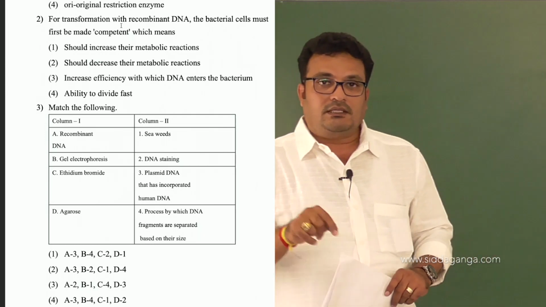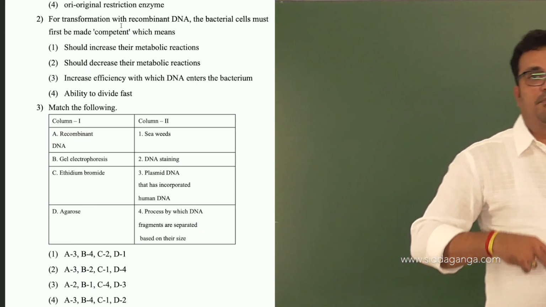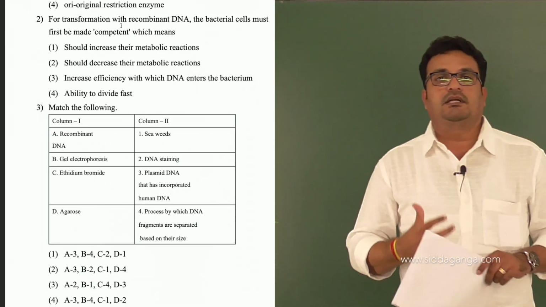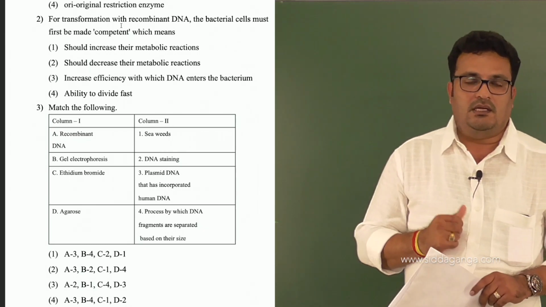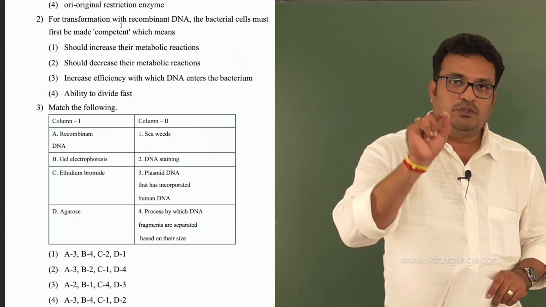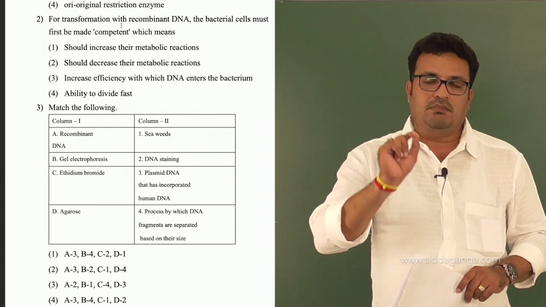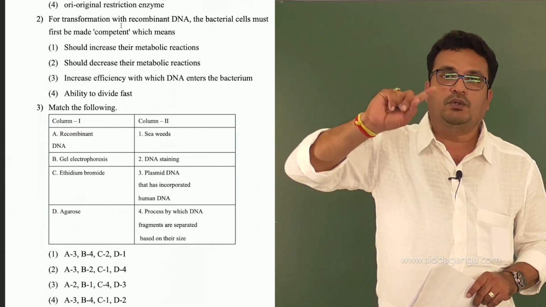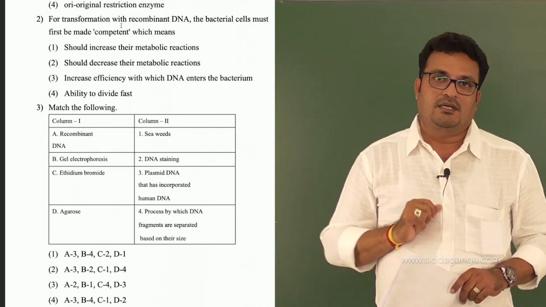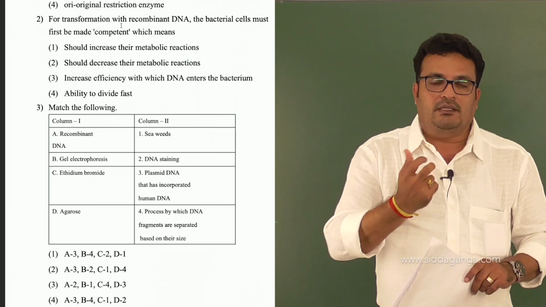So the host cell, that is the bacterial cell, is made to take up the DNA. Listen carefully: as DNA cannot pass through the cell membrane, the cell is made to take up the DNA. That is why the cell is said to be competent.